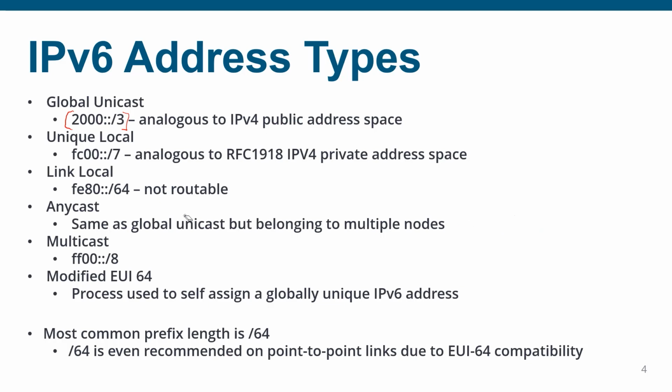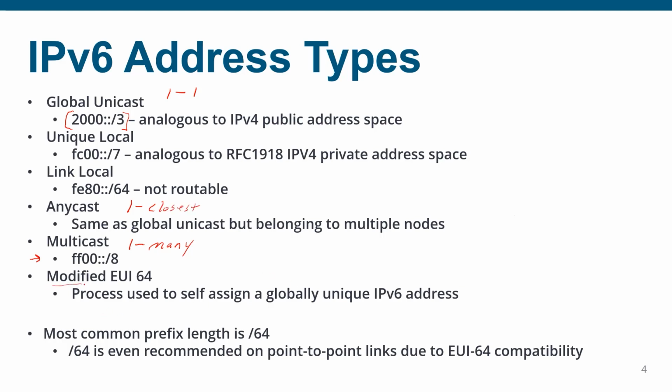And we'll take a look at that a little more in the following slide. The multicast address range is FF00::/8, where unicast is 1 to 1, multicast is 1 to many, and anycast is 1 to closest.